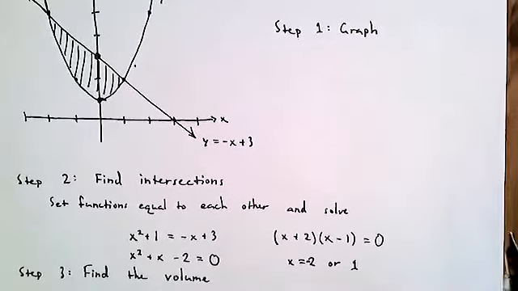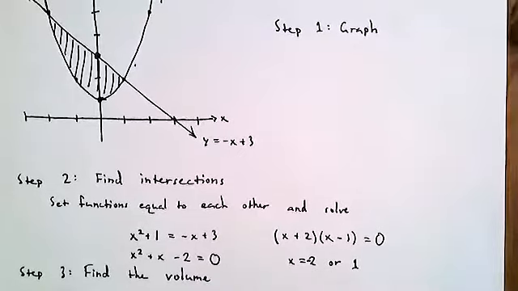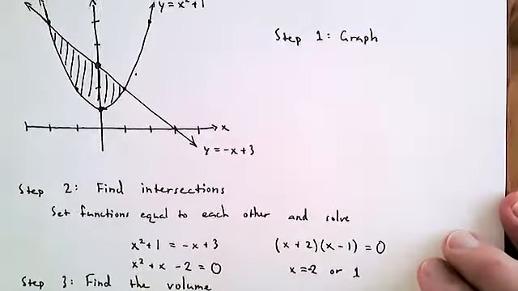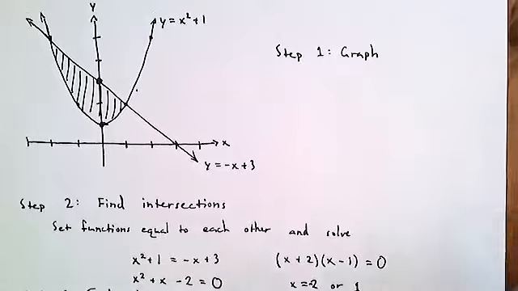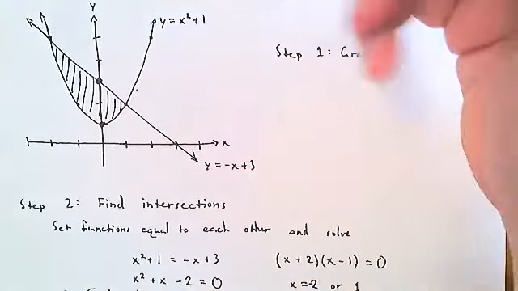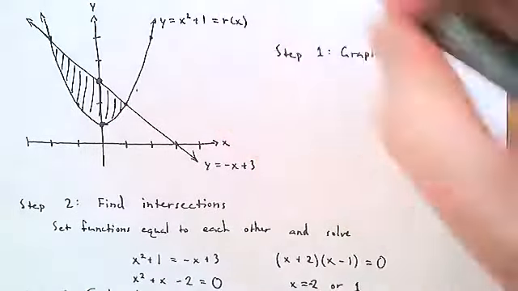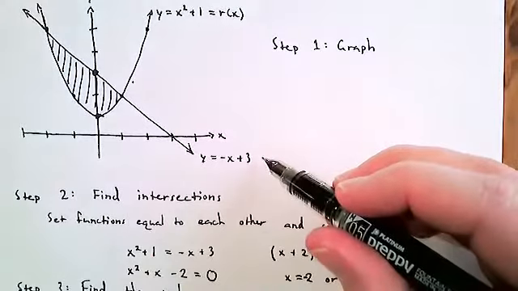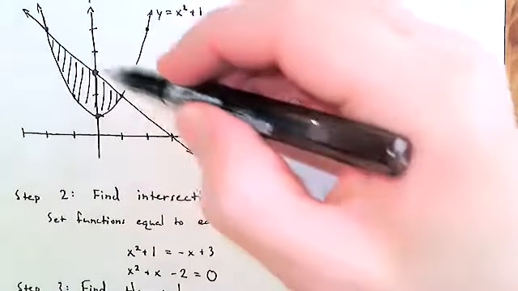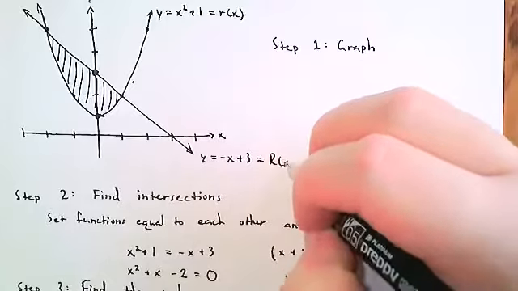And finally, we'll put all of this together to find the volume. And maybe one more thing, the parabola is the lower curve, so let's label this one with a lowercase r, and this one is the upper curve, the line, so we'll label it with the uppercase R.